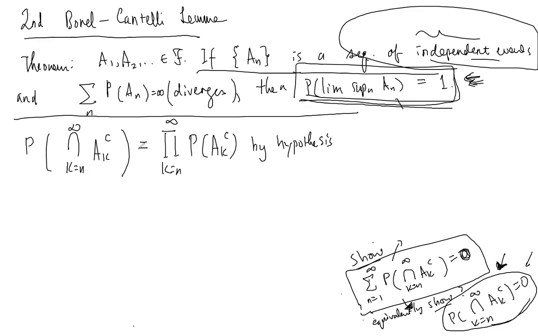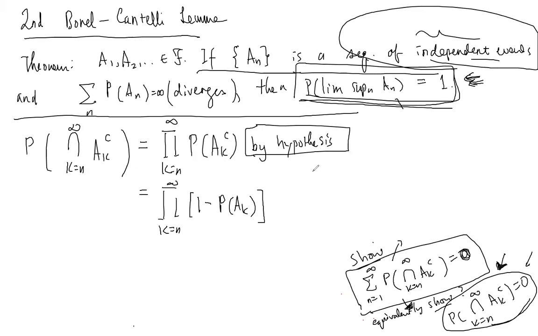So that's why from here, the probability of the joint is the product of the individual probabilities, right? This is by hypothesis. Your hypothesis simplified it, and this one is equal to 1 minus P of A_k, right? Okay, because of complementation, right? So you can write like this.